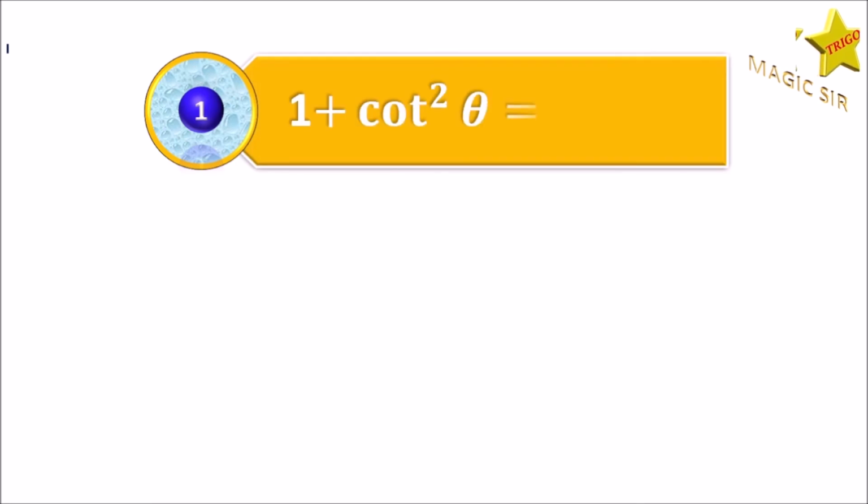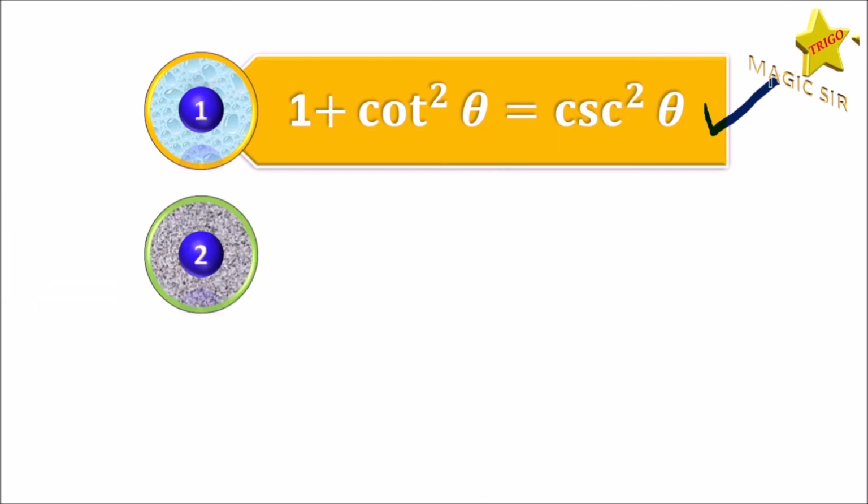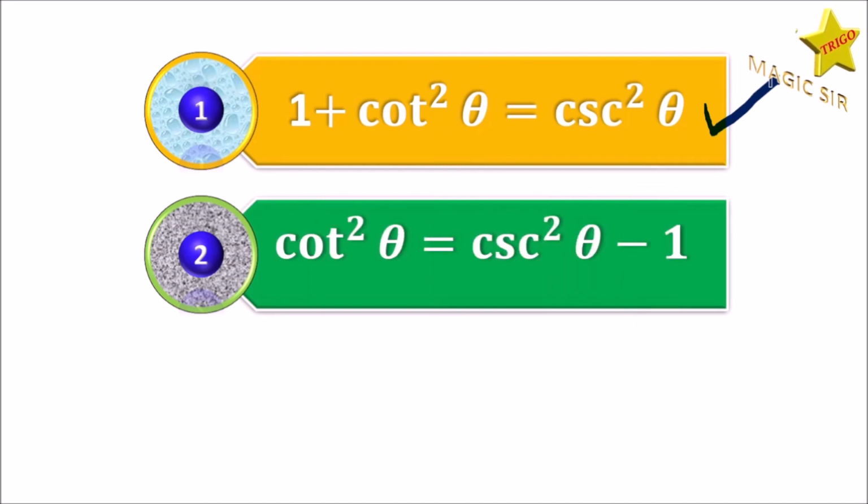Let us recall the trigonometric identity 1 plus cot square theta is equal to cosec square theta. Sometimes we have to use the value of cot square theta or 1 to solve the example. We can write cot square theta is equal to cosec square theta minus 1.